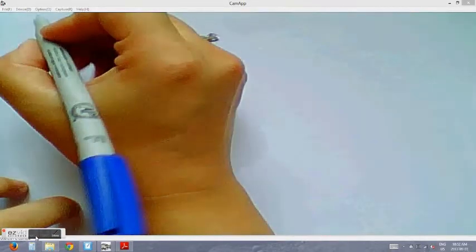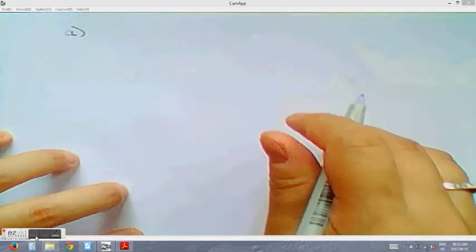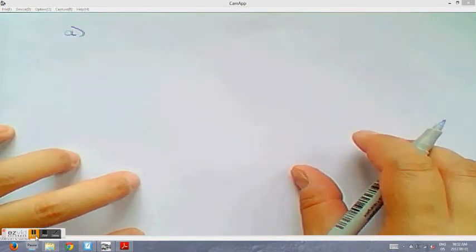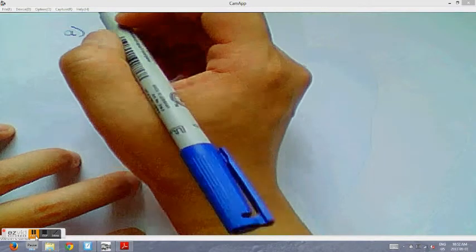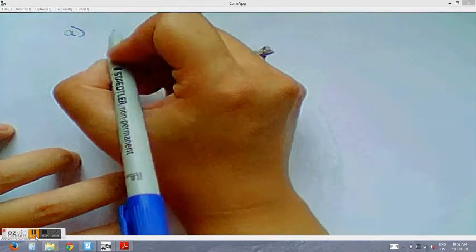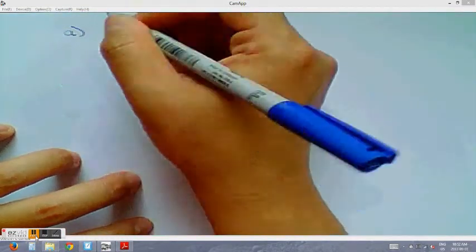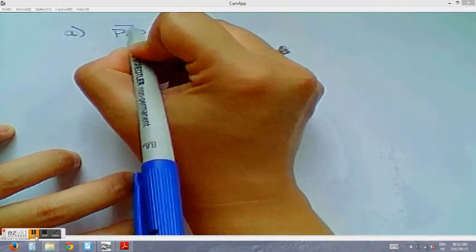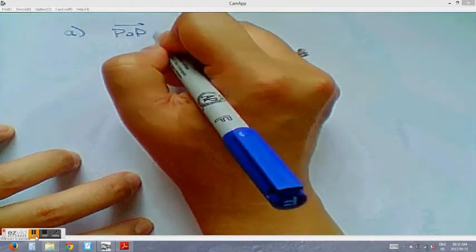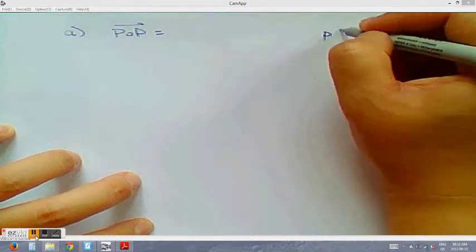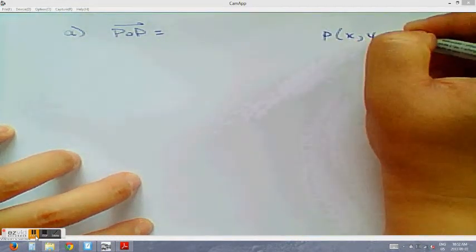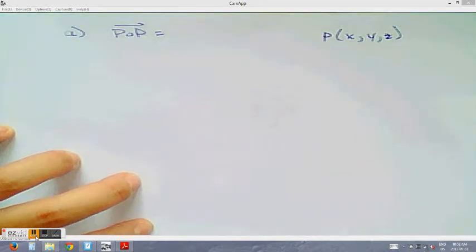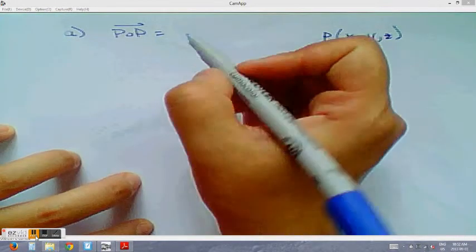Taking a look at A, we want to find the scalar equation of the plane. From what I had shown you before, P naught P is equal to, we're going to take some generic point P, (x, y, z), and that's going to represent every point along the plane.